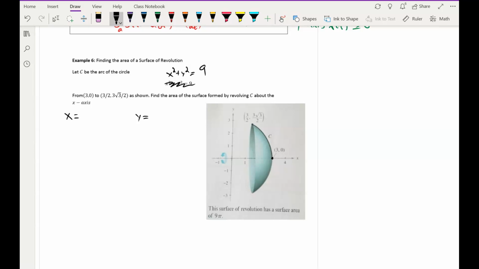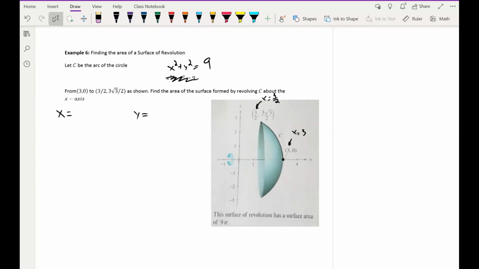We are saying x equals 3 here, and x equals 3 halves here. We're saying, what is our value for t when x equals 3? What is our value for t when x equals 3 halves? Now, coming up with equations seems like it would be a difficult thing to do, but this is a circle. So coming up with an equation actually isn't too bad. If we want to come up with an equation for our x values, well, we have a circle here, and we're starting at the point 3, 0.